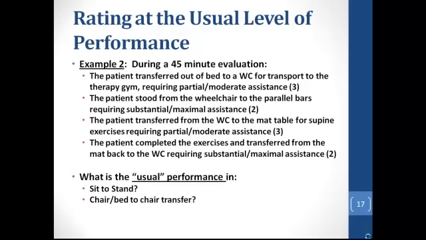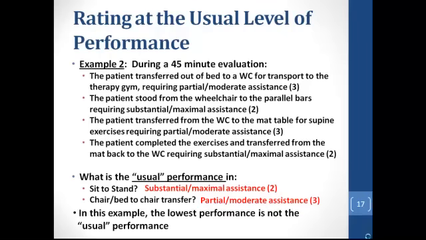The patient completed the exercises and then went back to the wheelchair and required substantial or maximal assistance. So using this information, what would you determine to be the usual performance for sit-to-stand? The answer would be substantial or maximal assistance. What is the usual performance for chair-to-bed? Partial or moderate assistance. So in this example, the lowest performance is not the usual performance.